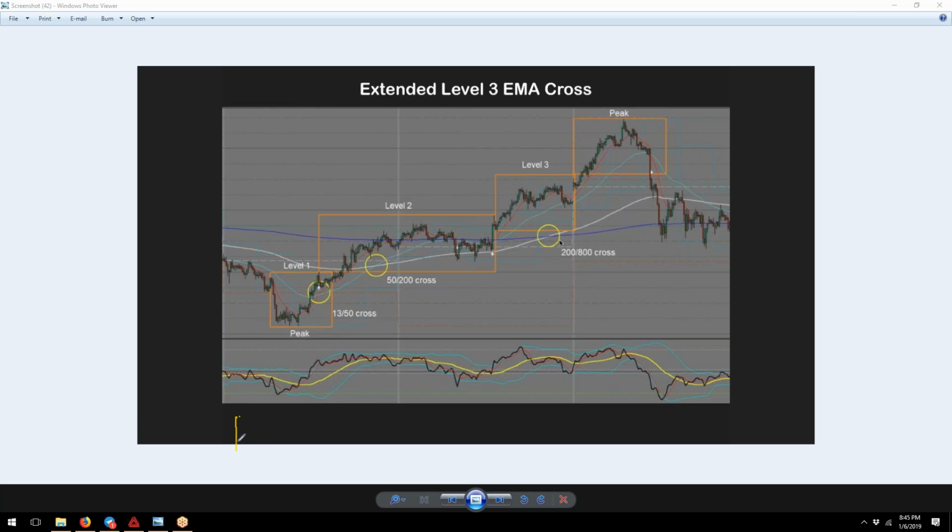The 13 EMA is the catch-up. The 50 is the watermark. That little aqua one, I call it the water. The 200 is the white one, the mayo.